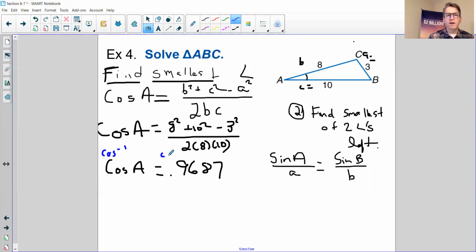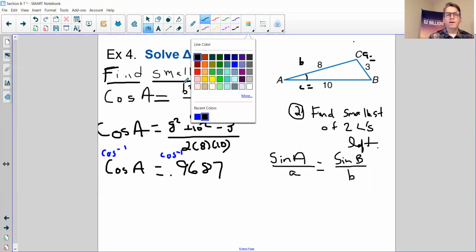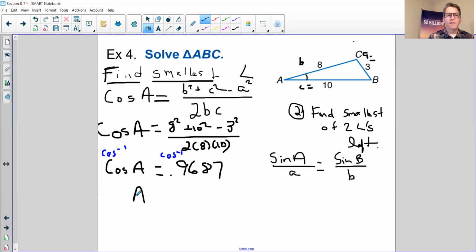You're going to have yourself angle A to be 14.36. You can round to the 100th, that'd be just fine. All right, so now we have A. 14.36 is the little angle using the law of cosines.